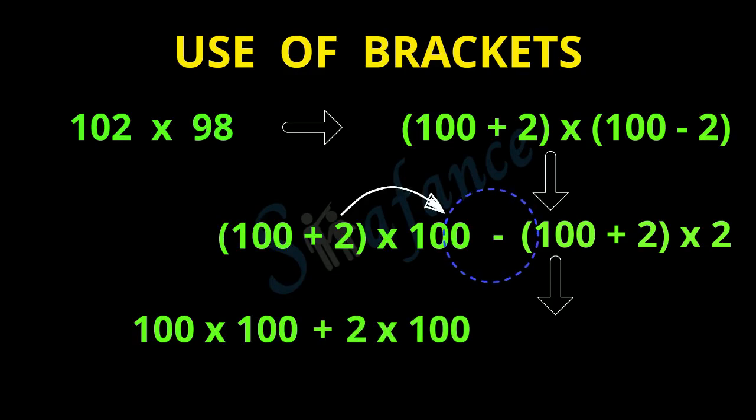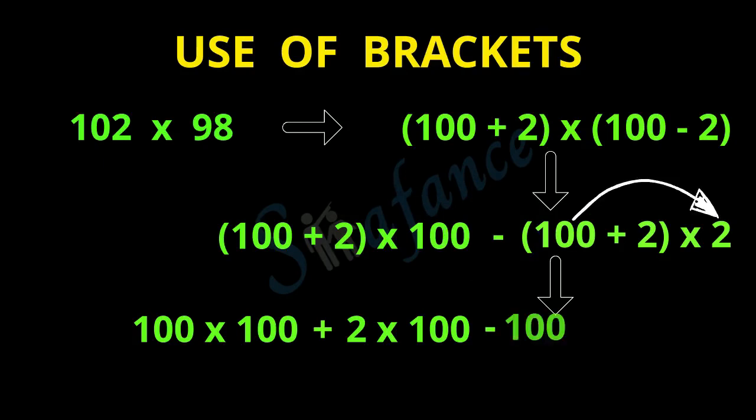So whatever term we get in the second equation, we get it with a minus sign because there's a minus sign before the whole second equation. So minus comes, then we open the bracket: 100 into 2. Then there is a plus sign. However, there is a minus sign before that. So plus and minus becomes minus. So we write again a minus sign and then we get 2 into 2.